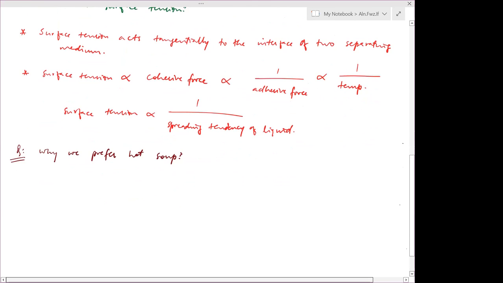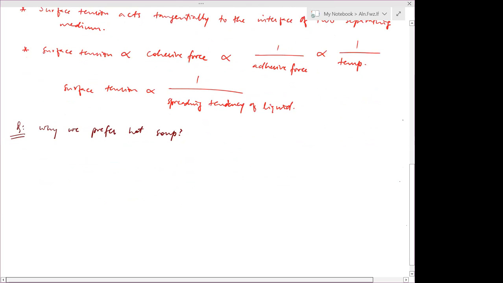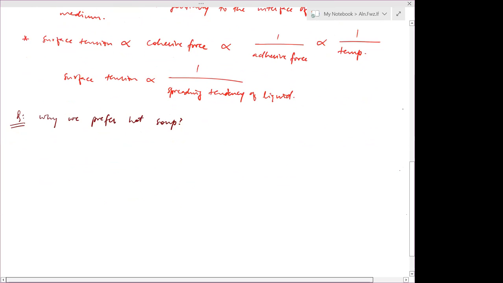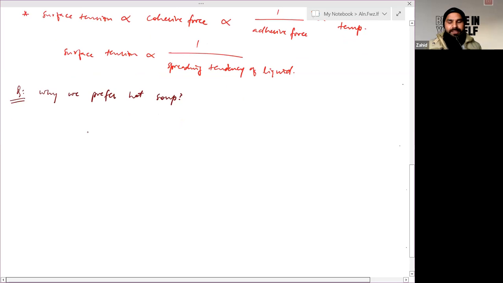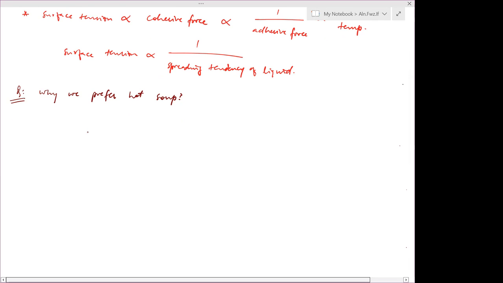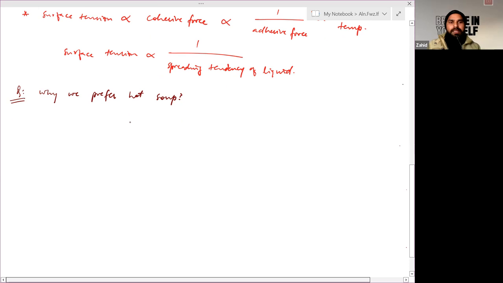Let me explain. You must have learned in some earlier classes about the tongue and taste buds on it. On our tongue, various taste buds are present on different sections of the tongue. If the temperature of that soup is high, it means for higher temperature, surface tension of liquid decreases.